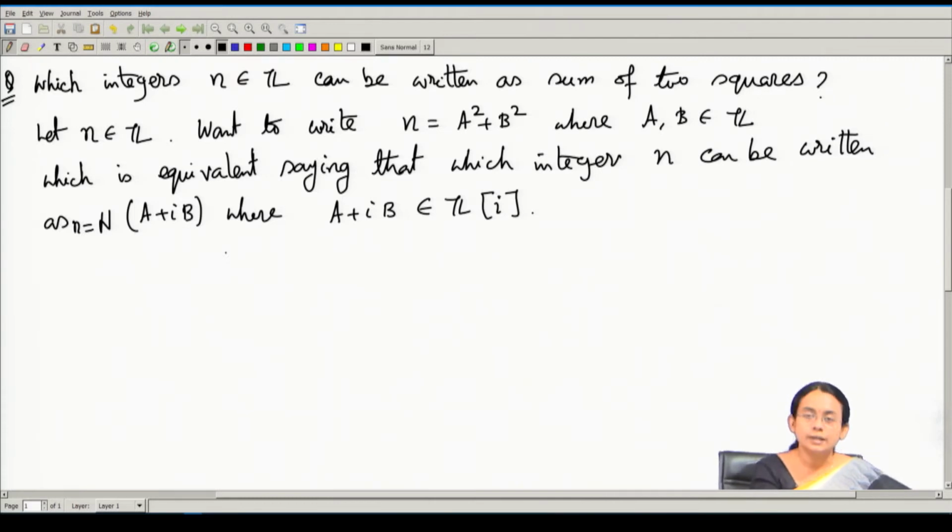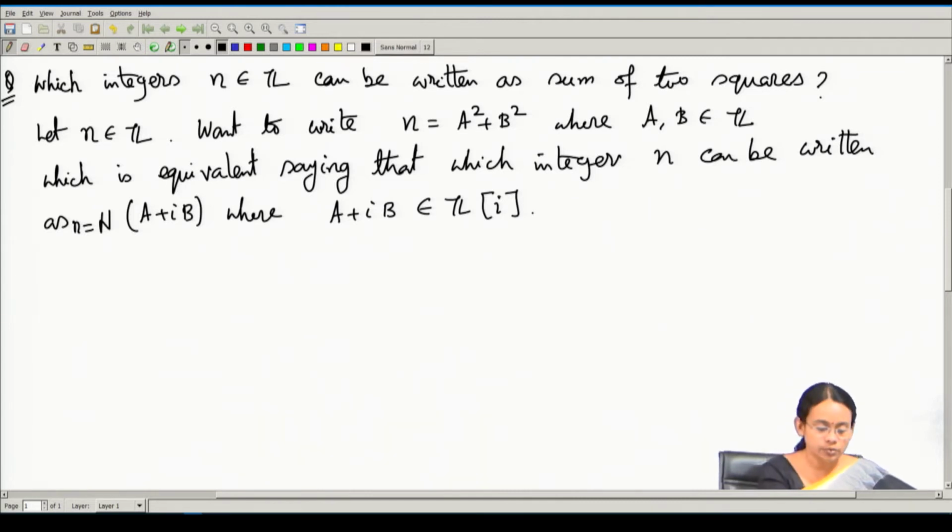For this we need to understand the primes, because any integer n can be written as a product of primes, and then you can identify whether the prime is congruent to 1 mod 4 or 3 mod 4, and accordingly decide whether it is an irreducible element in Zi or not.